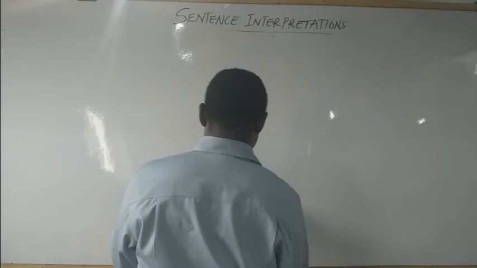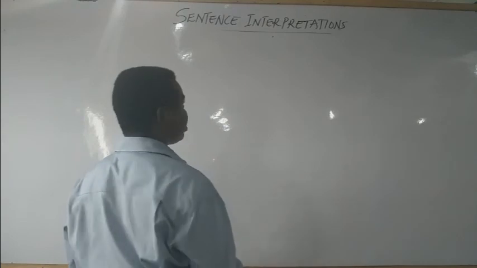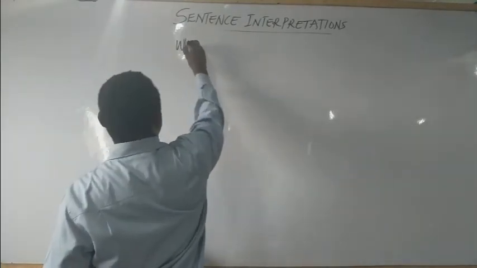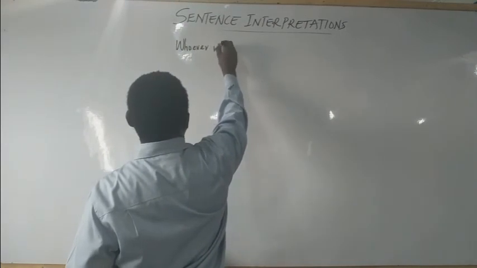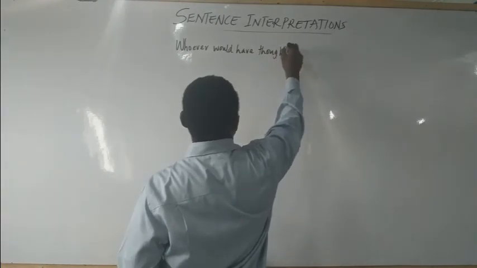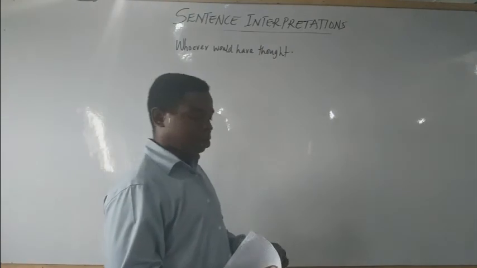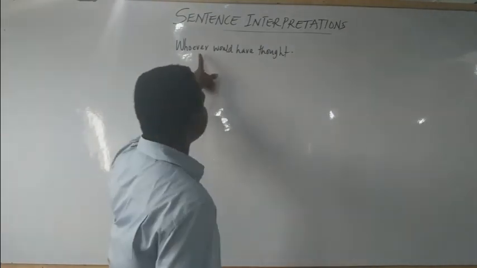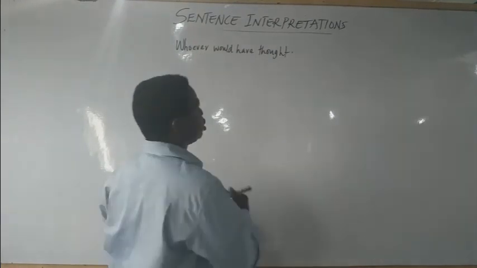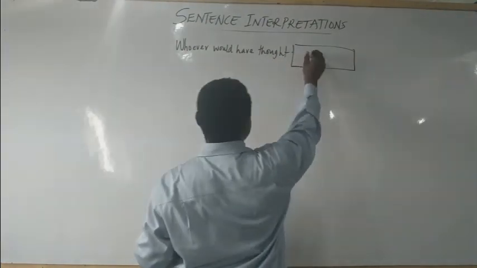And the last aspect I want to discuss under sentence interpretation is when you have this expression: whoever would have thought. Yes, this came out in JAMB examinations often. When a sentence is formed through this expression, the clause after it determines the meaning.